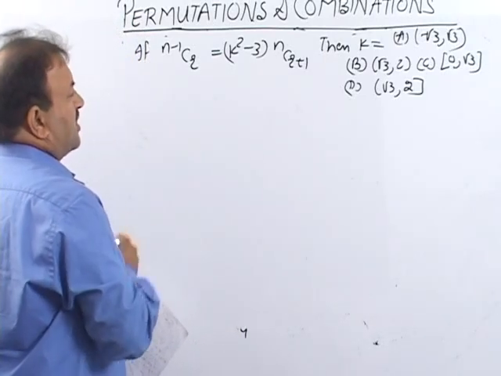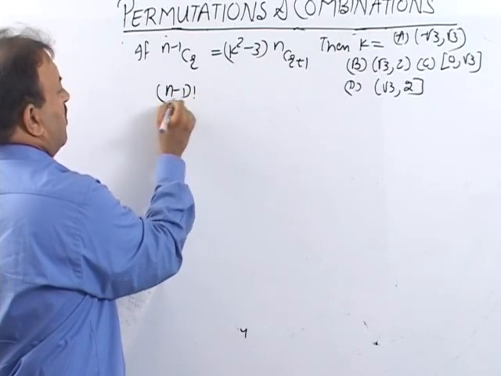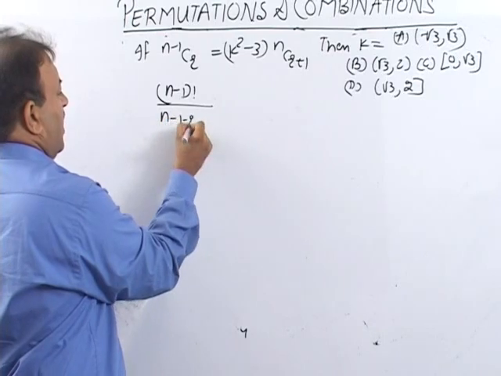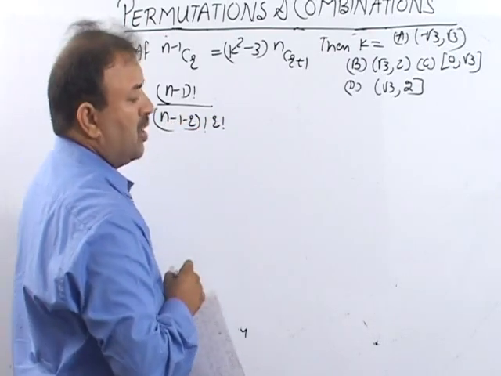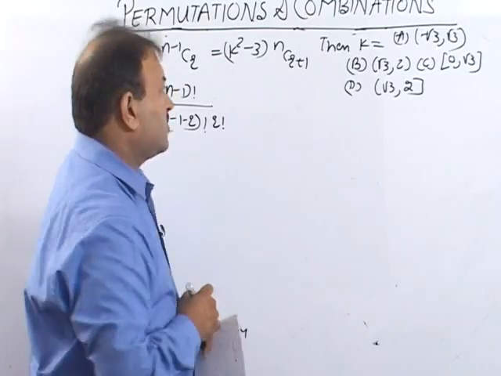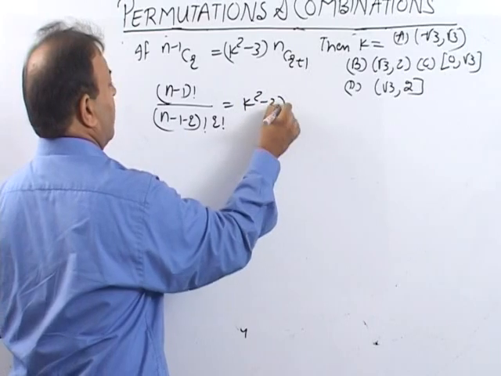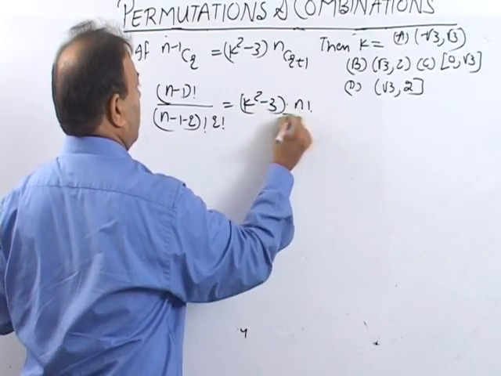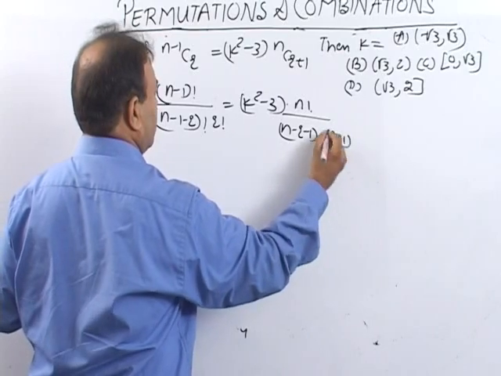Now इसका वे आउट क्या है? Same way we expand it. It is (n minus 1) factorial over (n minus 1 minus r) factorial, r factorial. Now we expand nC(r+1), and this is (k square minus 3) into n factorial over (n minus r minus 1) factorial, (r plus 1) factorial.